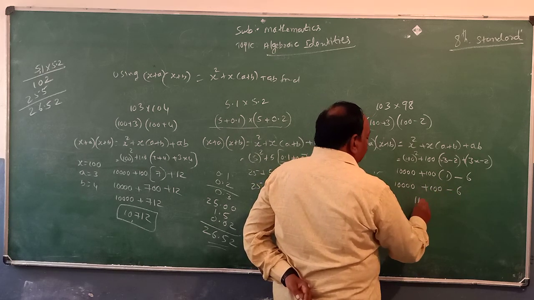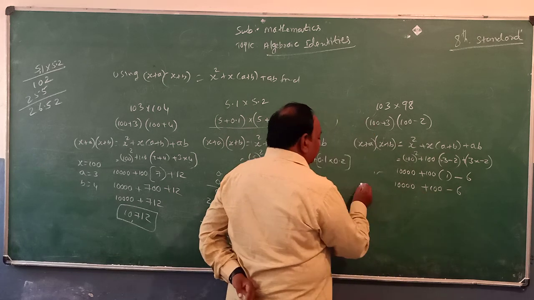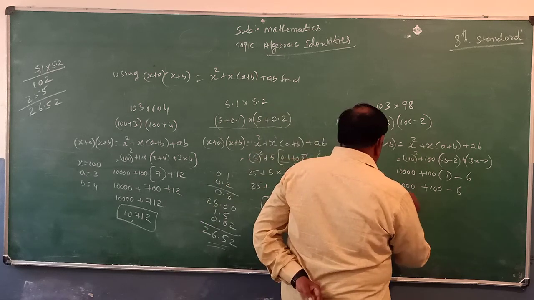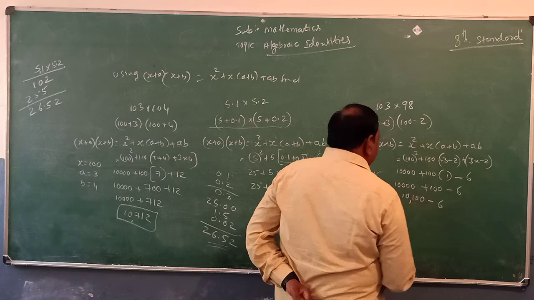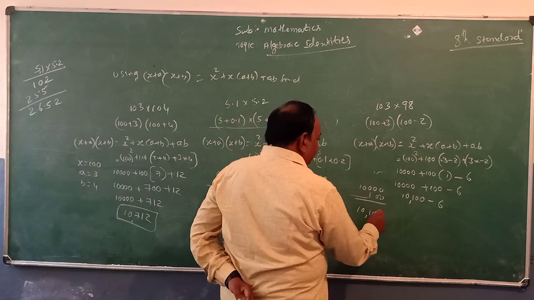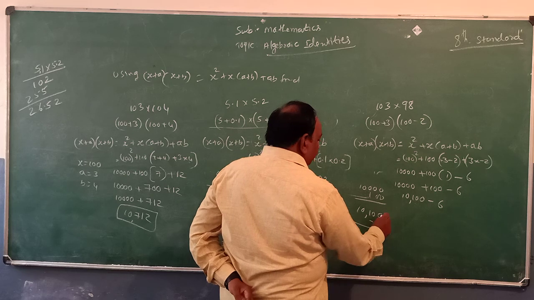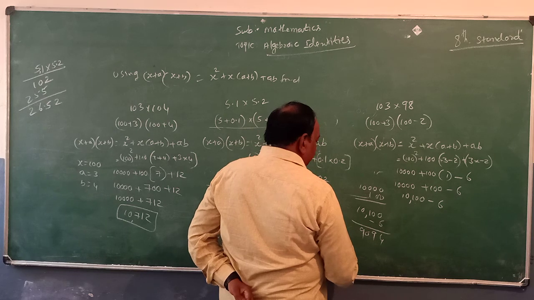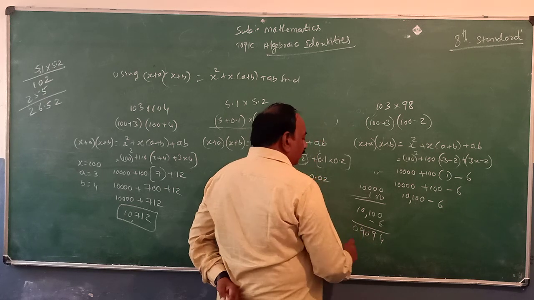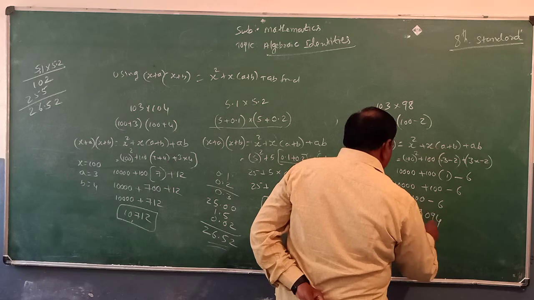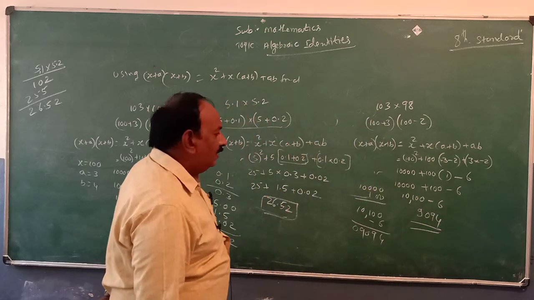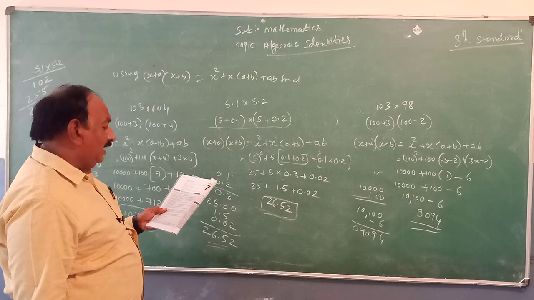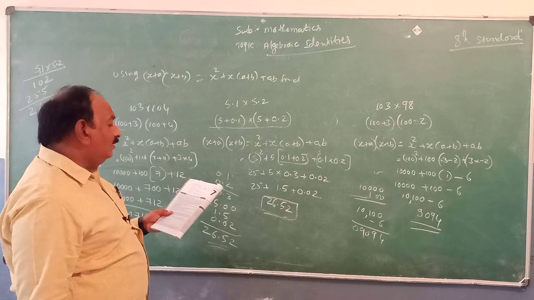10,000 plus 100 is 10,100. 10,100 minus 6. 10 minus 6 is 4, and then 9, 0, 9, so the answer is 9,094. 103 into 98, like this we are going to solve the problem.